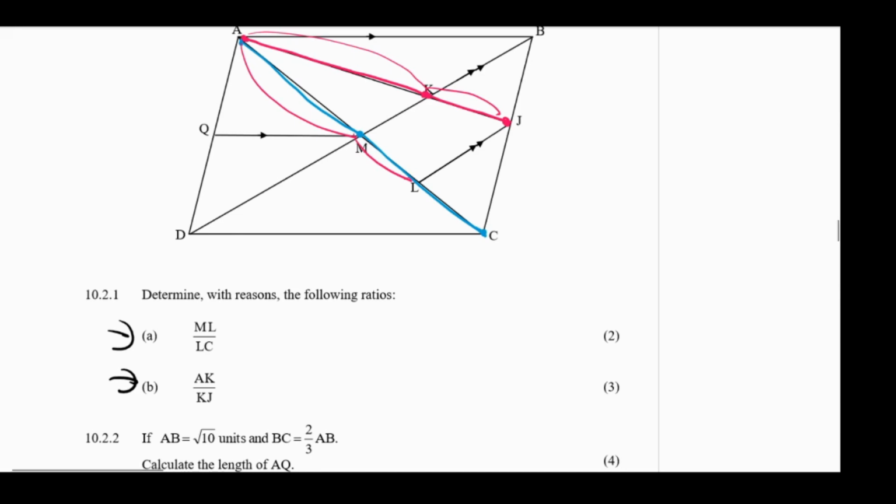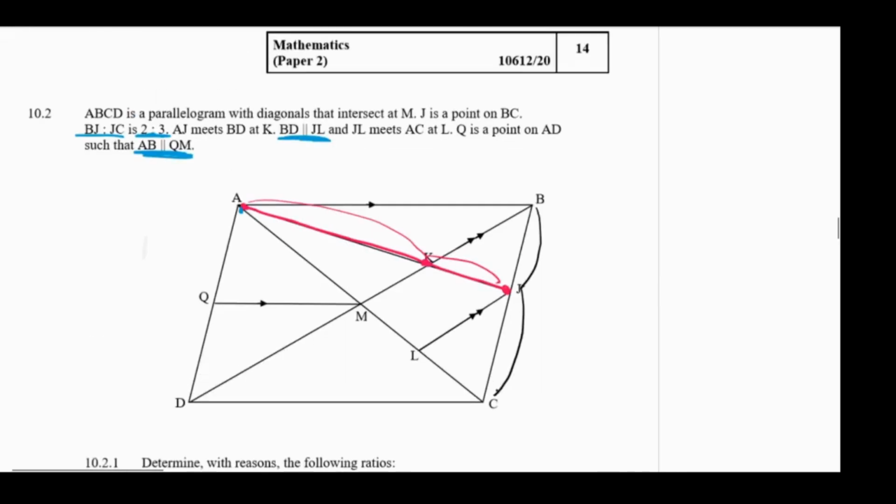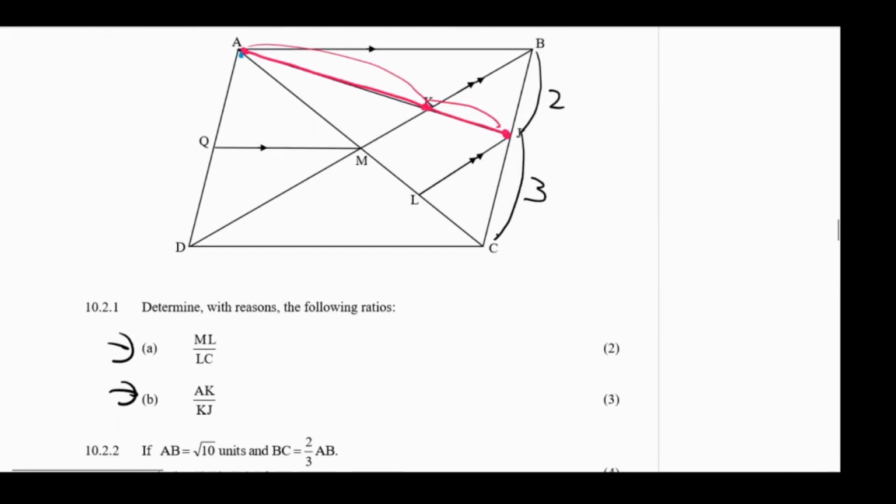To find that, let me erase everything here. Cool. So to find this, we know very well that BJ is 2 and JC is 3. So meaning that the same here, it's 2, here it's 3, right?